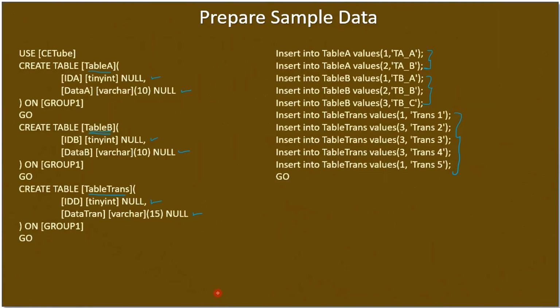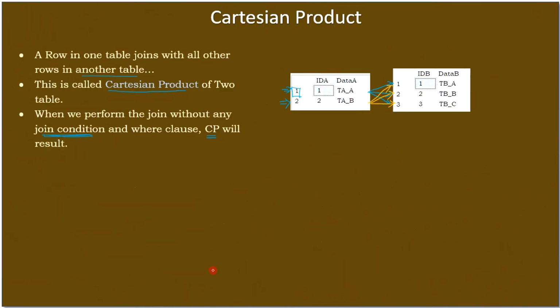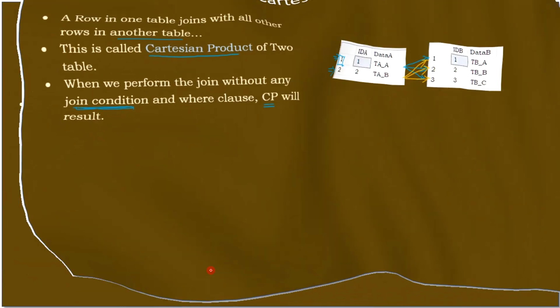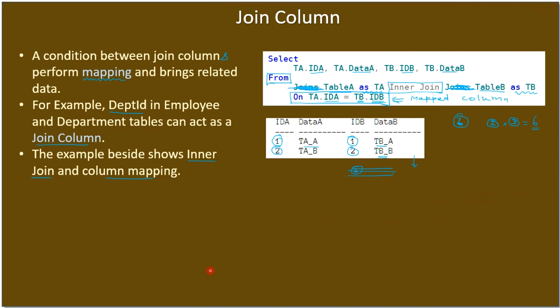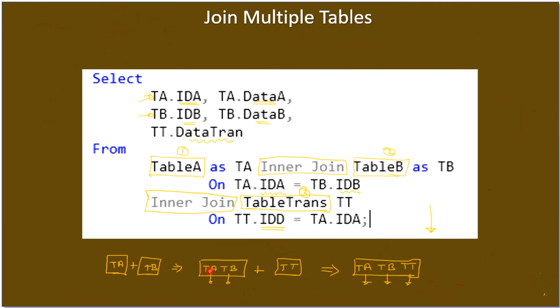First we learned about the table join basics, then we prepared some sample data, then we learned what is a Cartesian product and what is the need for mapping column. Then we talked about mapping column, and we also saw what is inner join. Then we saw how we perform multiple table joins, and in that example we performed two inner joins, and you can extend this.